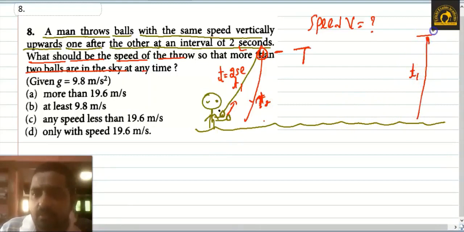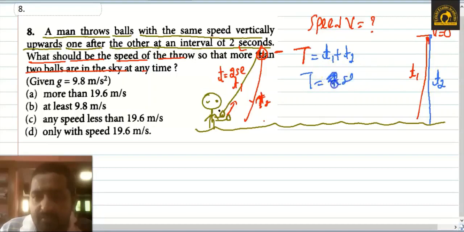When it reaches the maximum height, the final velocity is equal to 0. Then it comes back to the ground in time T2. The total time interval is T1 plus T2, which is 2 seconds plus 2 seconds, that is 4 seconds.